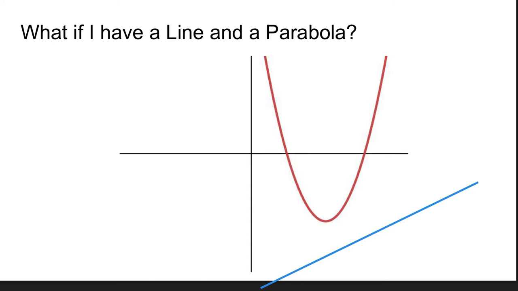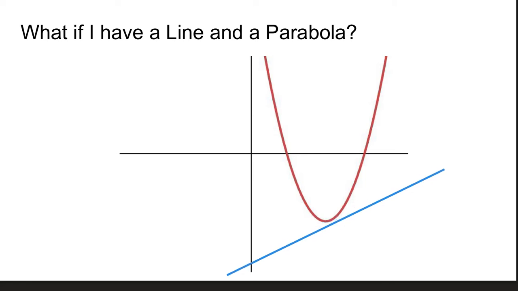Or, if we got it just right, the line and the parabola would touch at exactly one point. This has only one solution. Or, if the line goes through the parabola and crosses it twice, there are two solutions. Kind of neat.